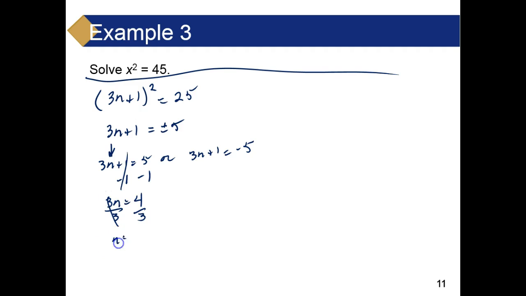And that gives you n is equal to 4/3. On the other one, what do we do? Subtract 1 from both sides, and that gives us 3n is equal to negative 6. And divide by 3, and you get n is equal to negative 2.